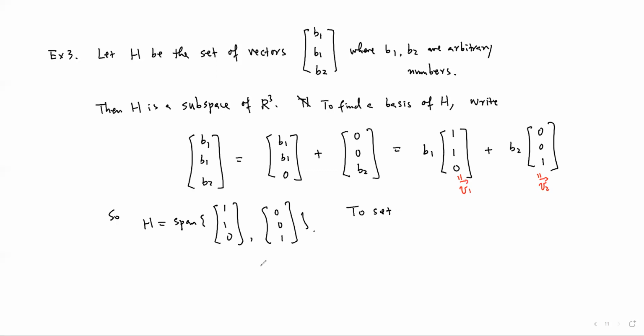To see whether this set is linearly independent, how to see? Solve this vector equation by definition.